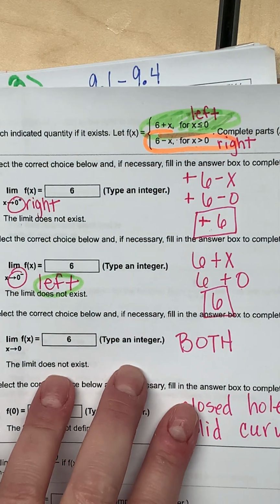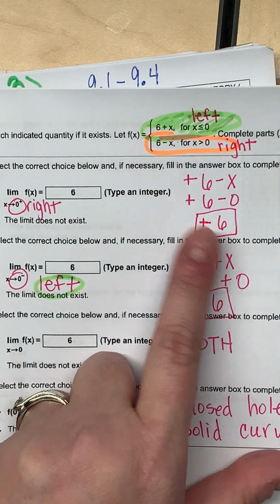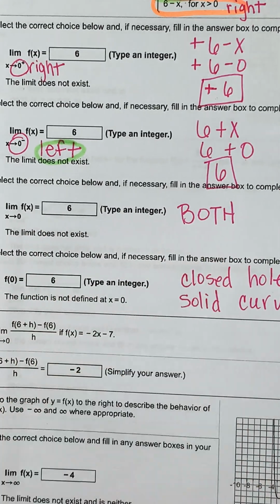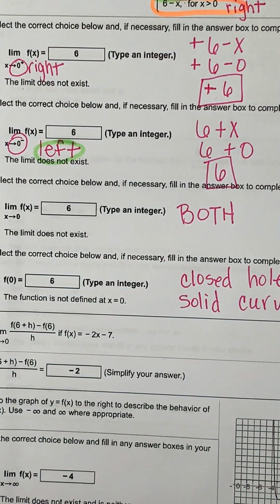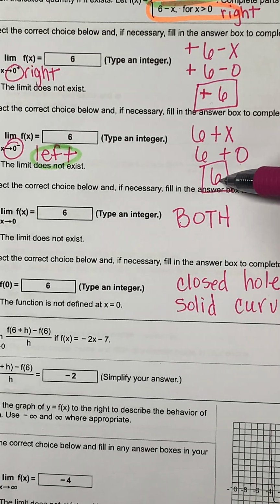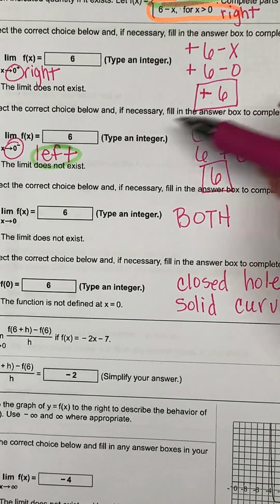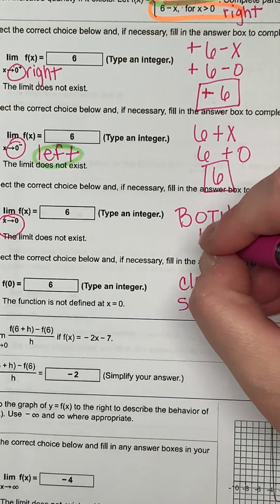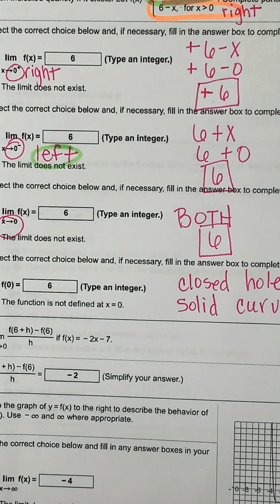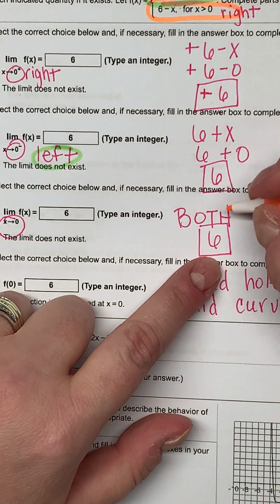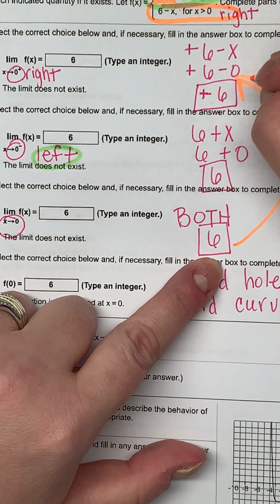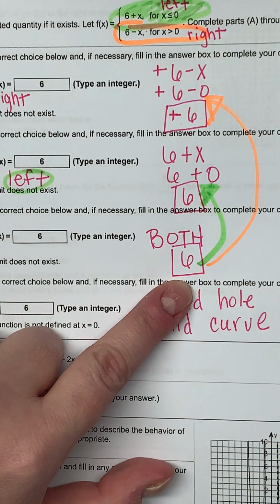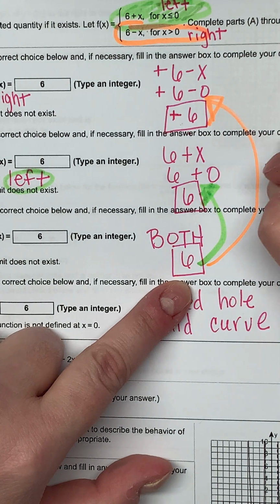Okay, so anyway. Part A was positive 6. Part B was positive 6. Part C, we consider the previous two answers. Since the previous two answers were both 6, as x approaches just regular 0, the answer is 6 also. And it's only 6 because the last two from the left and the right were both the same.